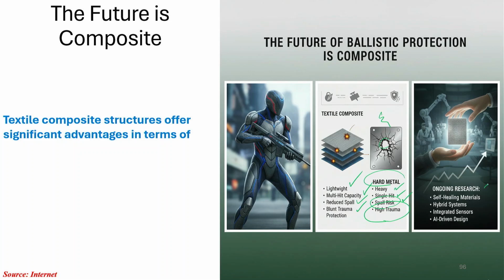And the research which is going on is in self healing material, hybrid systems, integrated systems, and AI driven design. So, different types of research are going on in this area.